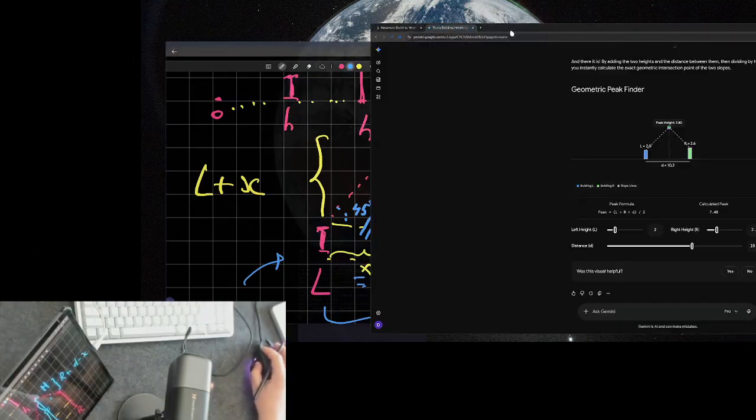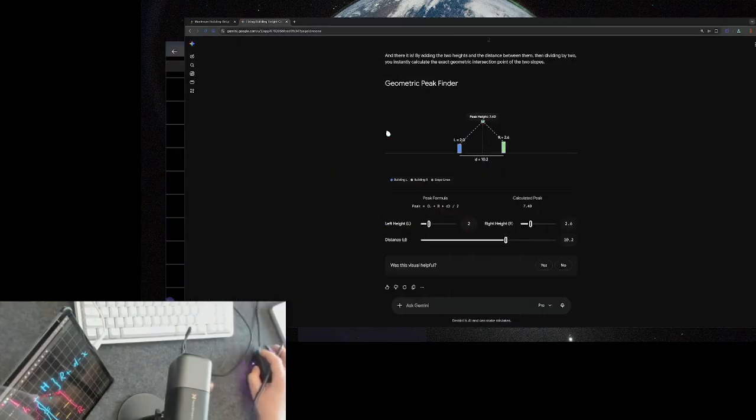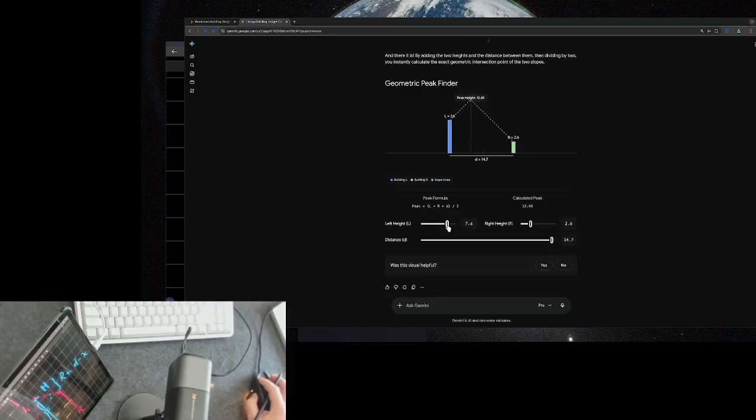And by the way, this is what Gemini drew for me. So we have left and right. This is how it looks. You increase the left and the height peak moves closer to the left. Same for the right. This is always 90 degrees.